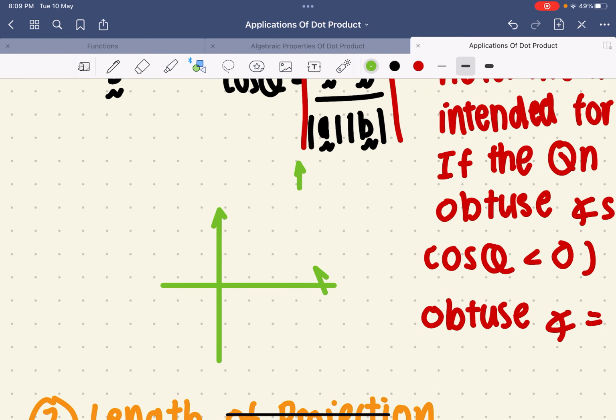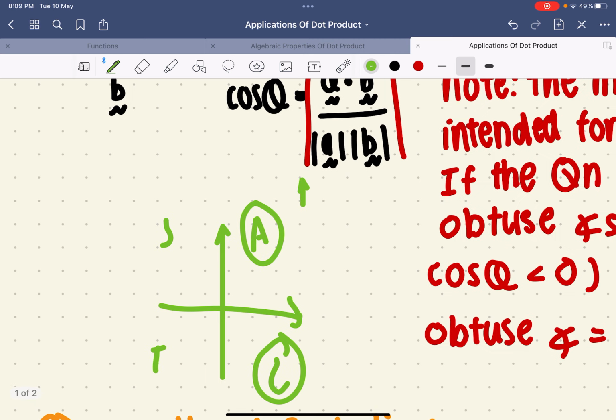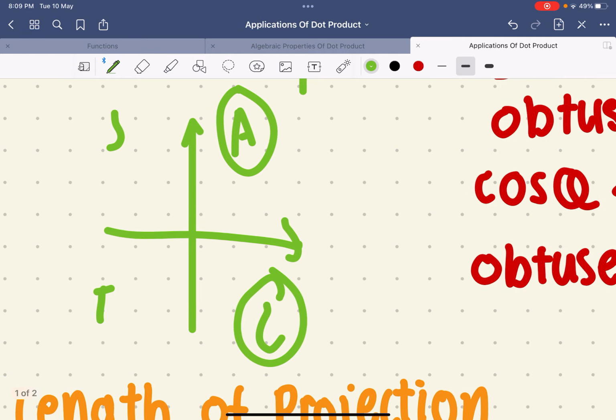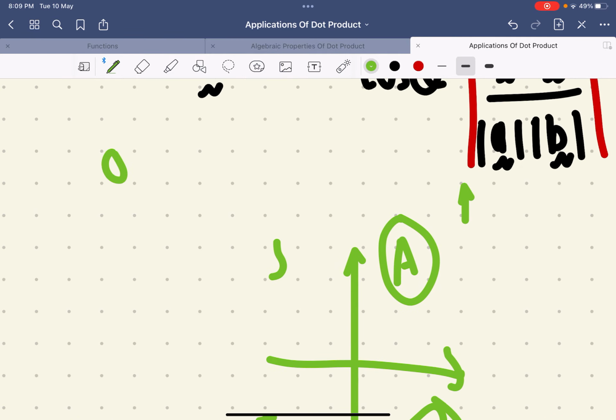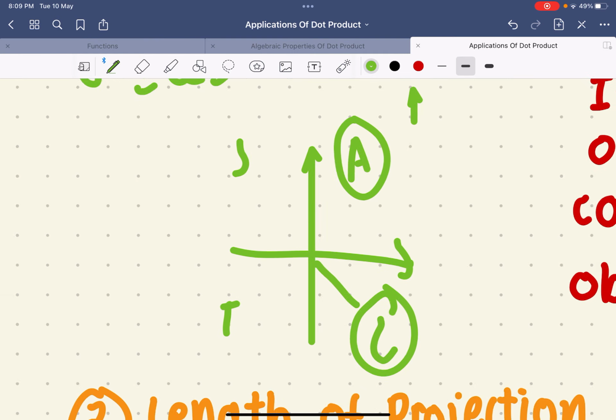Now in our secondary school math, we have learned ASTC. Okay, and when is cosine theta positive? In the first quadrant and fourth quadrant. But in vectors, we just take it as 0 degrees to 180 degrees, within this range, because even if it goes to C, we can just take the smaller angle.